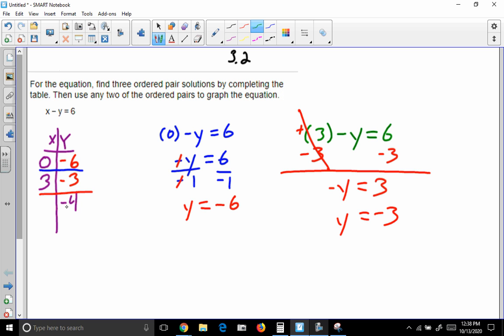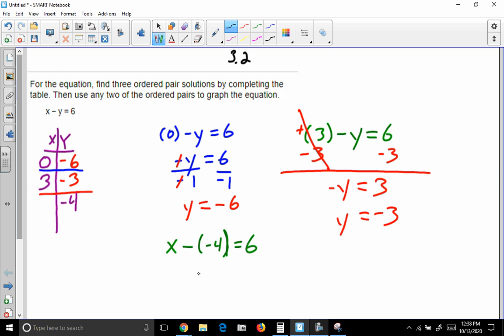And then they give us a y value. So this time, instead of plugging in for x, we're going to plug in for y. Y is -4. Notice each time we substitute into the formula, we put a parenthesis around it, and that helps us make sure we get our signs right. So our formula is x minus, and then the y value is also negative.